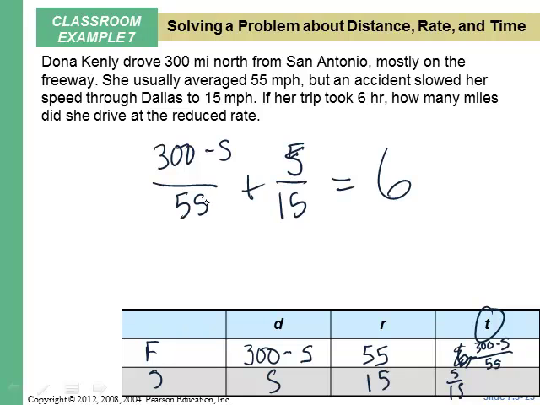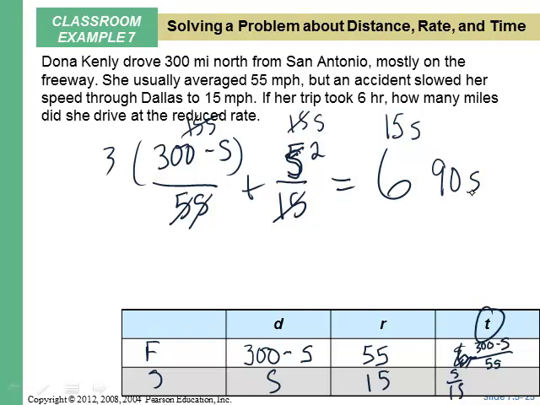Let's remove our denominators. Multiply everything by 15 times 55. The 55s and the 5s cancel, so we're left with a 3 on the top. The 15s cancel, so we're left with s times 55 on top. And we have 15 times 55 times 6 is 90s.